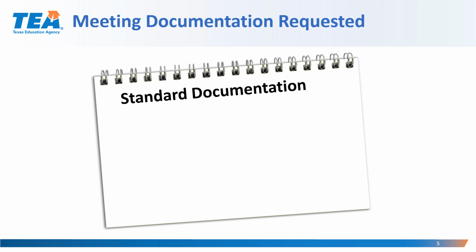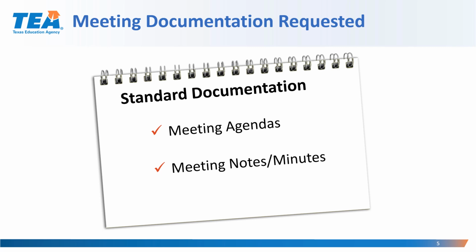If meeting documentation is to be provided for any requirement, please consider the following. The standard meeting documentation that an LEA should maintain locally includes meeting agendas, meeting notes and/or minutes, and sign-in sheets.